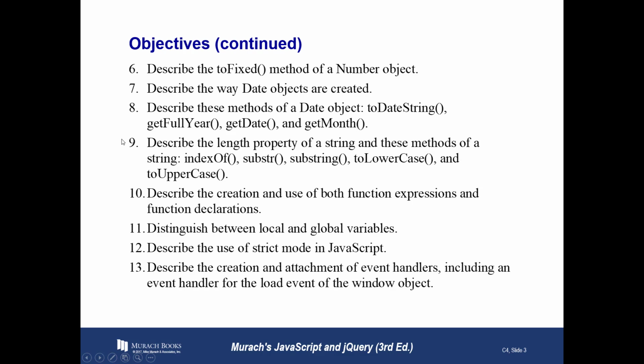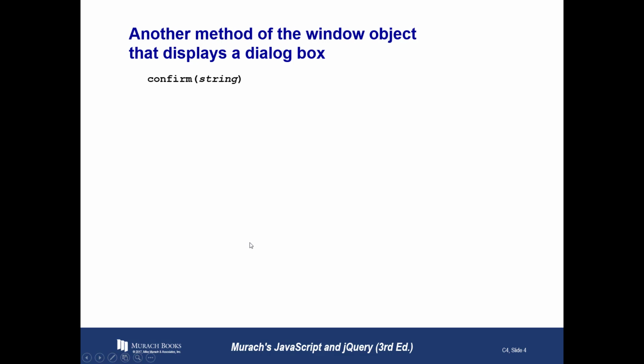Describe what focus does, what toFixed does, how dates are used, how string objects are used in some of the methods. Distinguish between local and global variables. Talk about something fairly new to JavaScript called strict mode. And start to get into event handlers.